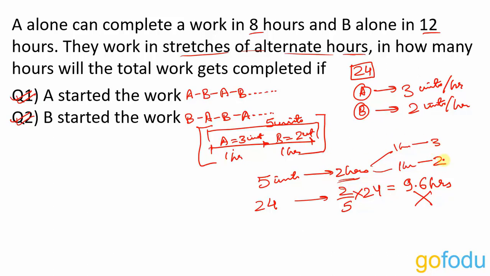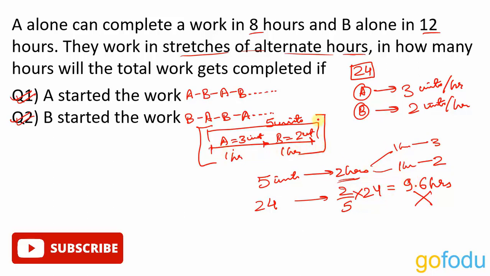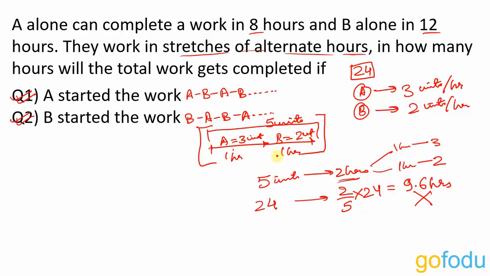So rather than doing this, we should treat this as a set of 2 hours, in which A works for the first hour, then B works for the second hour, and together they finish 5 units of work. So we have work and hours.